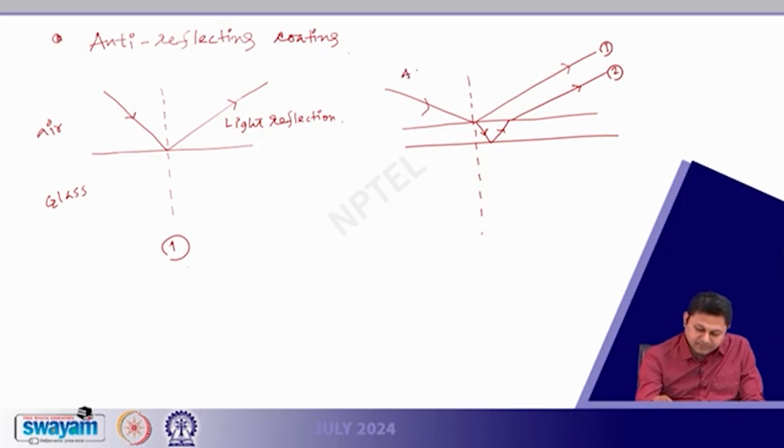So this is air. This is my film or coating material which behaves like a film, and this is my glass. So what is the advantage here compared to the previous case?